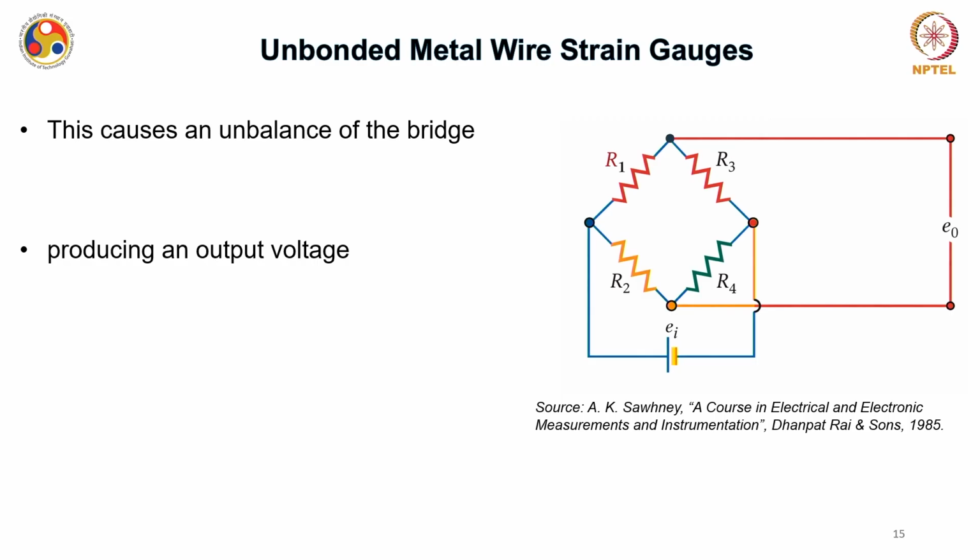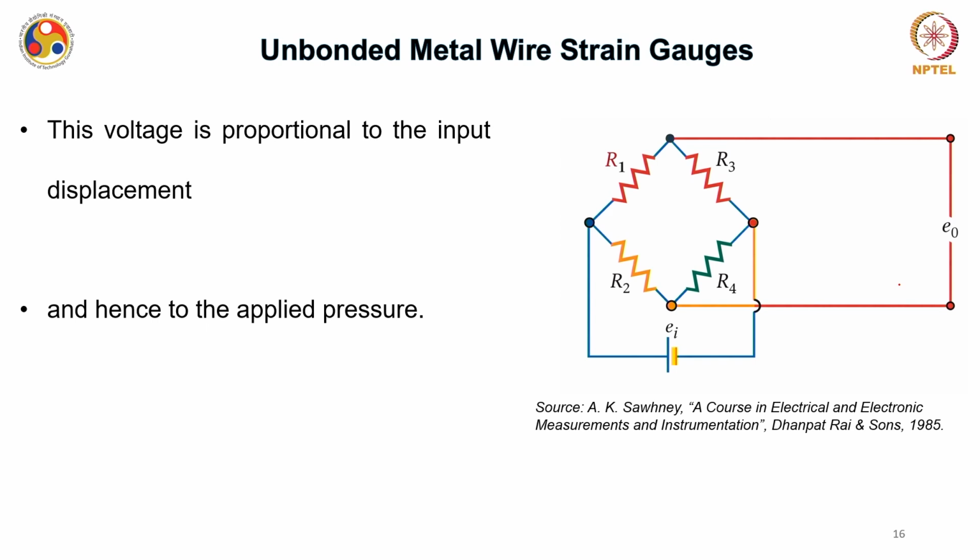Whatever voltage you have at the output, E naught, will be proportional to the input displacement, and the input displacement is directly proportional to the pressure. So whatever output voltage you are getting indicates the applied pressure.